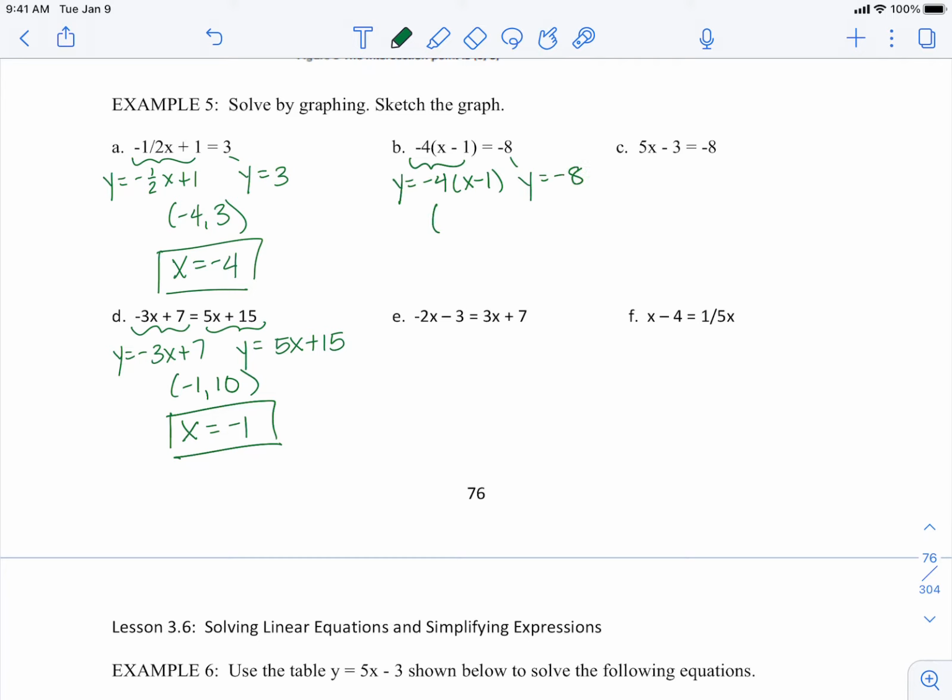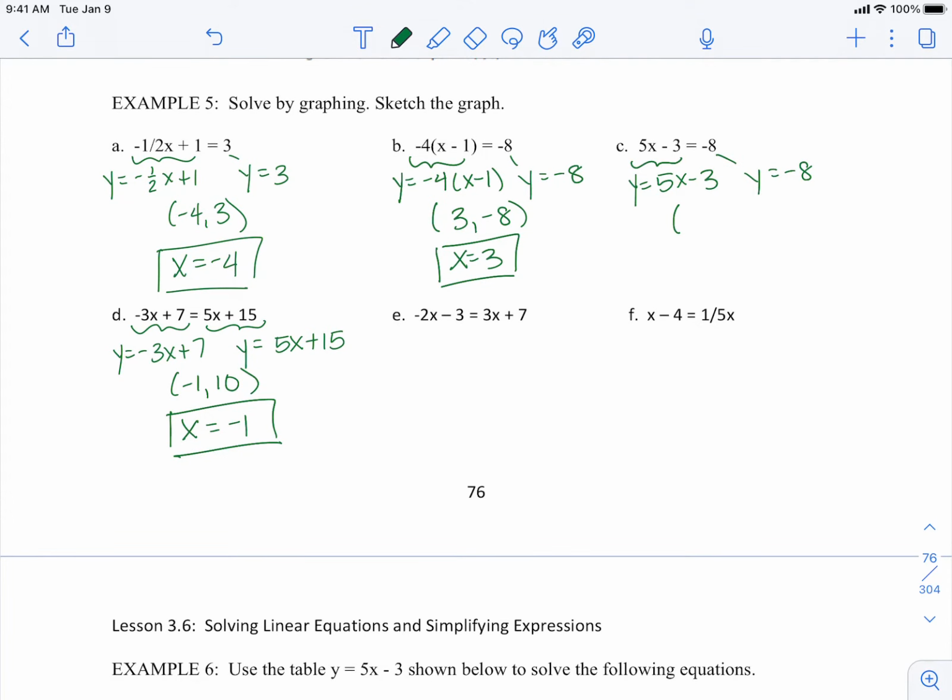The solution is 3, negative 8, so x is 3. For C, you're going to rewrite as y equals 5x minus 3 and y equals negative 8. Your solution is negative 1, negative 8, so x equals negative 1.